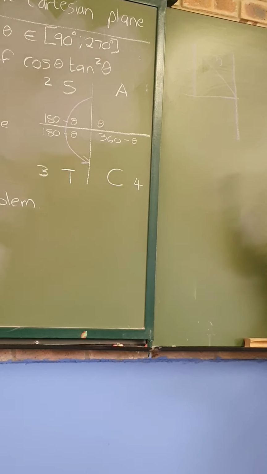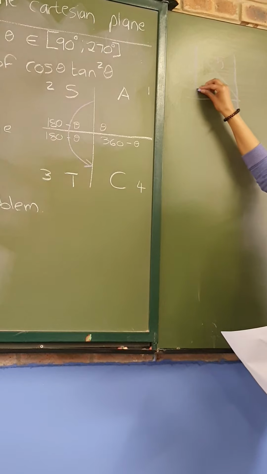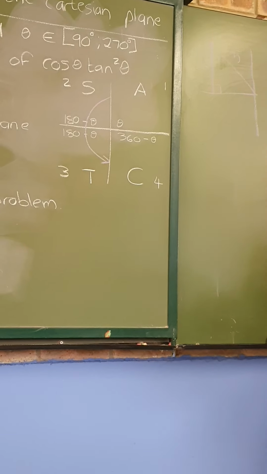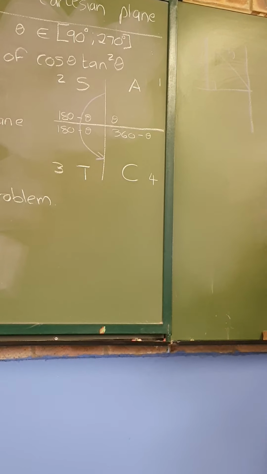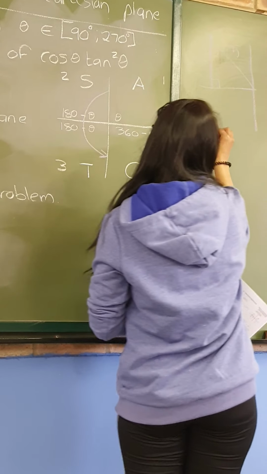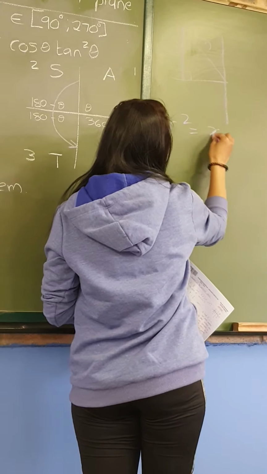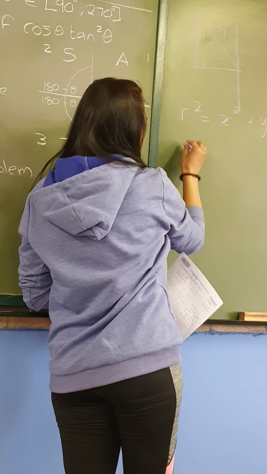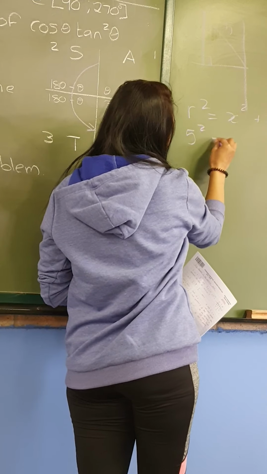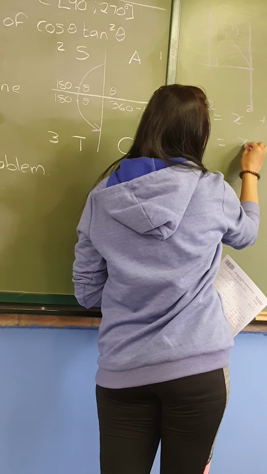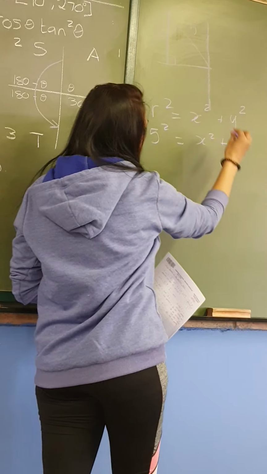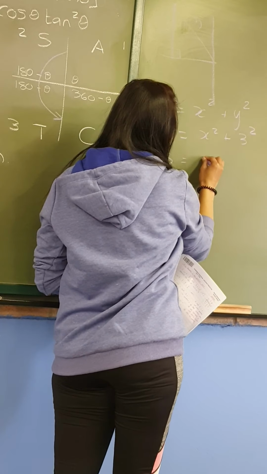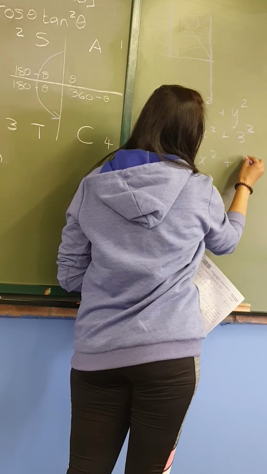When you look at this, what kind of triangle is this? Right triangle. So to find a missing value of a right triangle, you use Pythagoras, right? Pythagoras says r squared equals x squared plus y squared. Our r is 5, x we don't know, and y is 3, squared. So this is 25, this is 9.